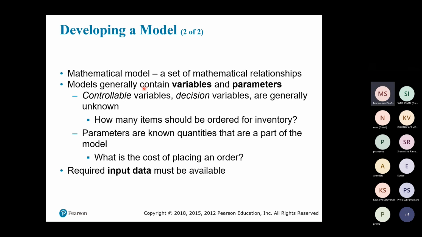When the mathematicians develop the models, they will put in all those parameters and variables. Parameters are fixed numbers in the equation, while variables are usually represented by letters such as X, Y, Z, alpha, A, B, G.